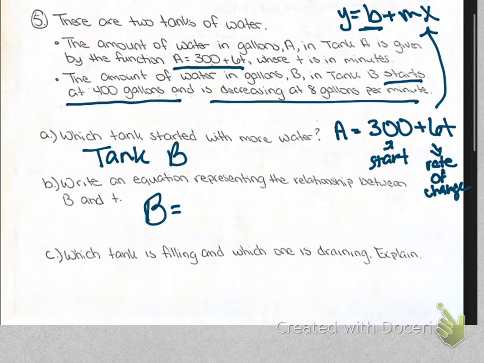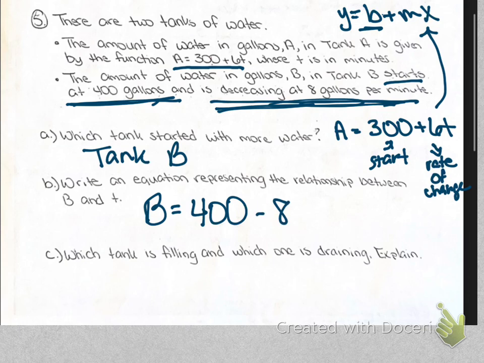Tank B started with 400 gallons. So we have B equals 400. Then we have to find our rate of change. Our rate of change is decreasing at 8 gallons per minute. Since it's decreasing, we're going to subtract instead of add. So it's going to be minus 8t. This is our equation. B equals 400 minus 8t.